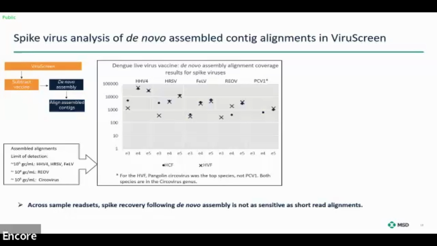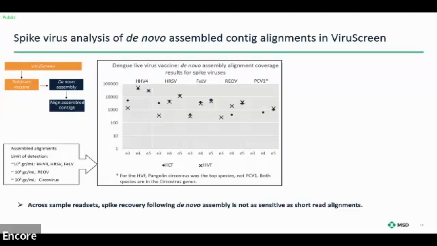For PCV1, we're able to detect it at 10⁴ and 5th for the control fluids, but for the virus harvest, we're only able to detect it to the pangolin species, but these are both in the same genus. So this was a kind of a weird result.